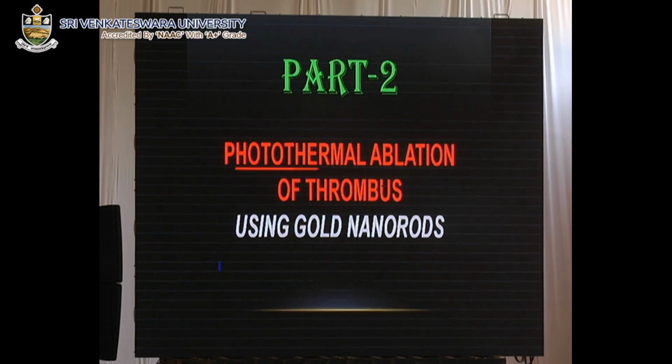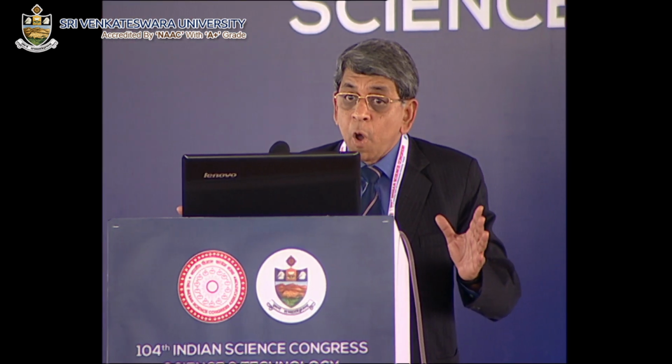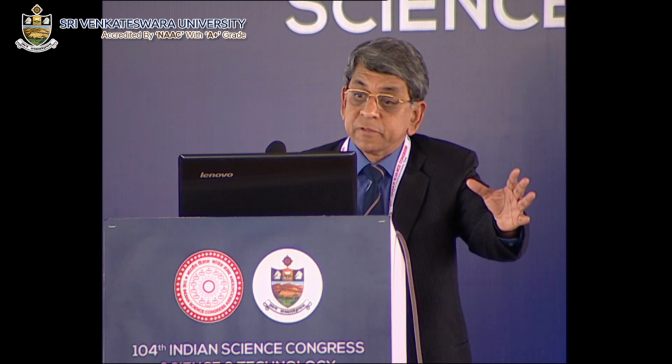Now coming to the second part. It is a treatment. How you can treat thrombus by using gold nanorods. Okay? The basic principle, just now we have been told about the fibrinogen. In this cartoon, you see fibrinogen is a soluble protein. It is present in everybody's blood in very large concentration.